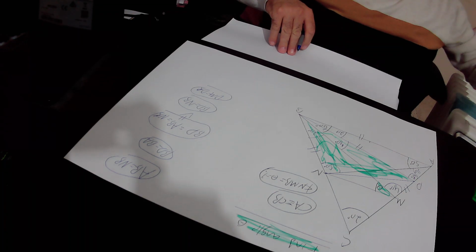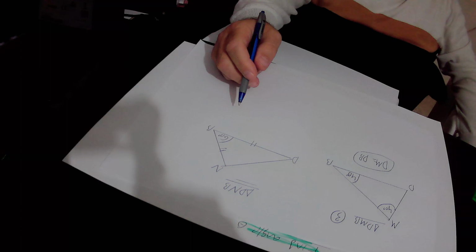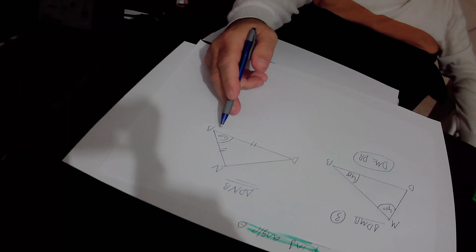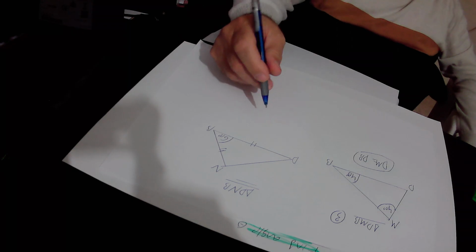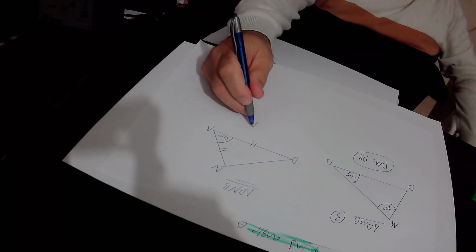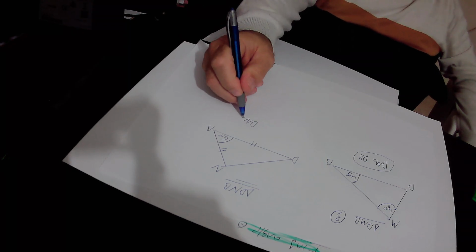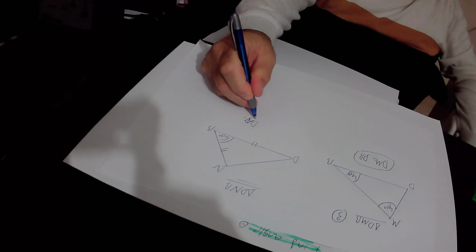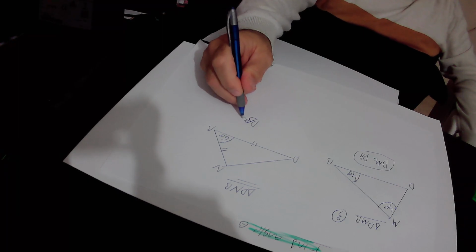So actually, this is triangle DNB, copied from the original drawing. We already found out that angle NBD equals 60 degrees and DB equals NB.